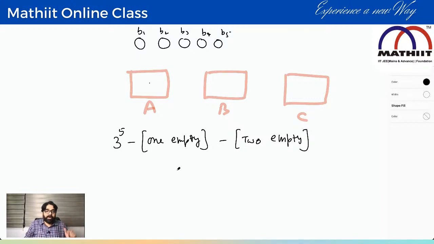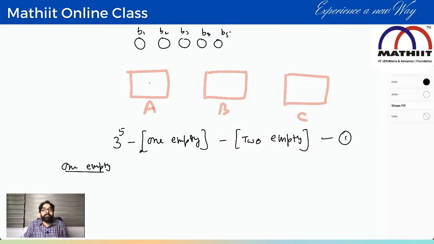So one by one. First I am solving this 1 empty. This is the question, this is the final answer, here we'll put the value. The 1 empty case I am going to do, watch properly. Very important concept. We learn a lot from here. One empty means I have to distribute these 5 balls into 3 boxes in which one is empty.